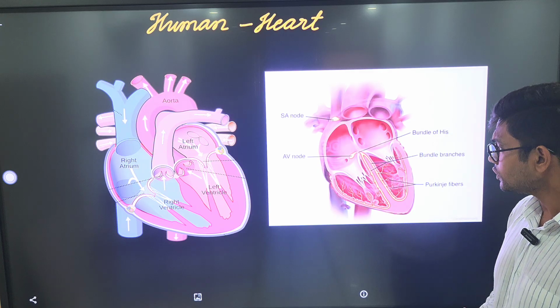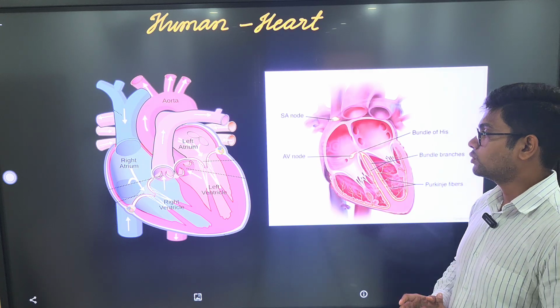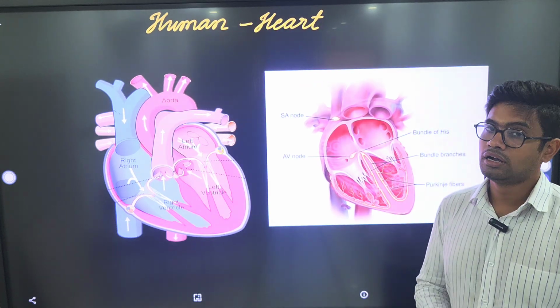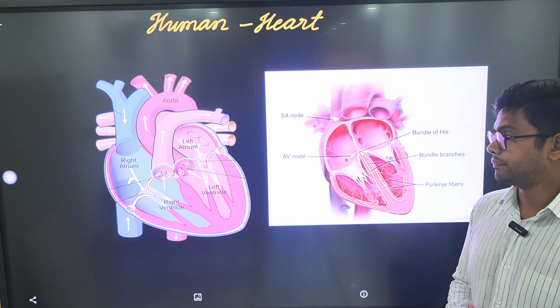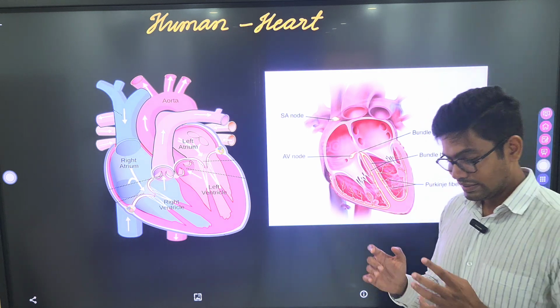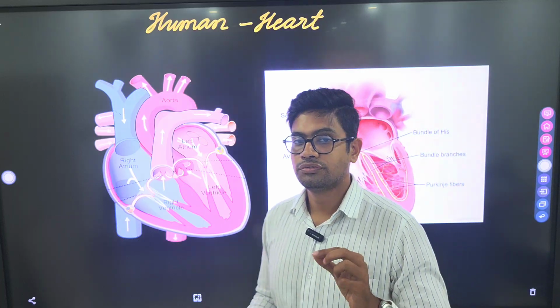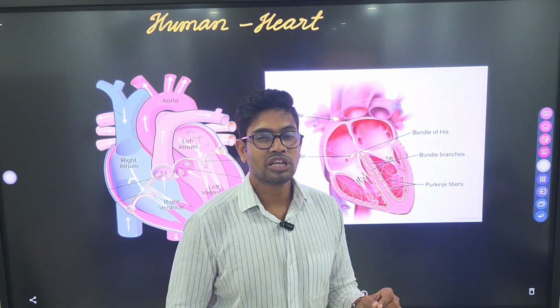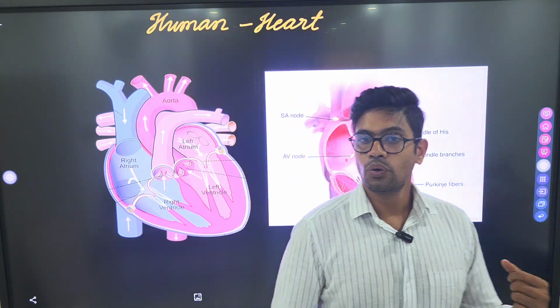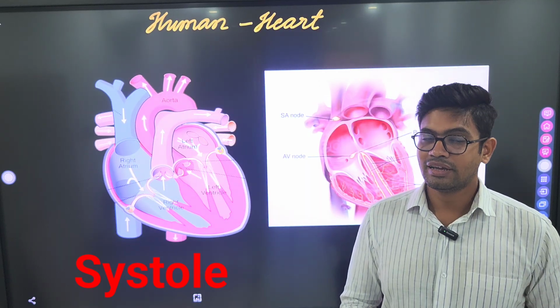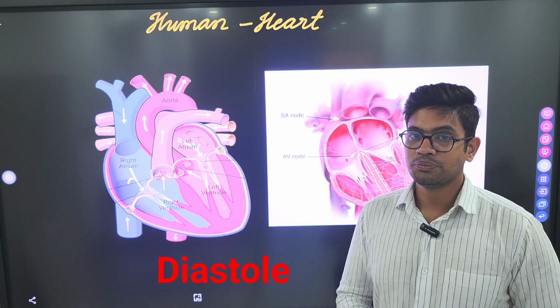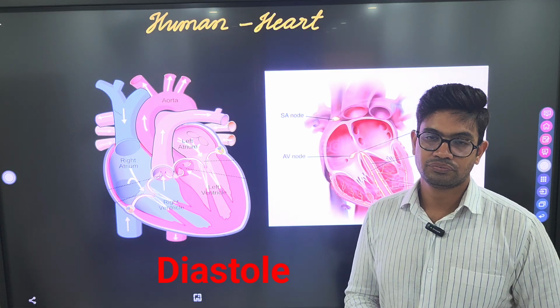So that's all about the internal structure of the heart. Now let's talk about its working process. While reading about the working process of the heart, we need to keep in mind two words. One is called systole, which means contraction, and another is diastole, which means relaxation.